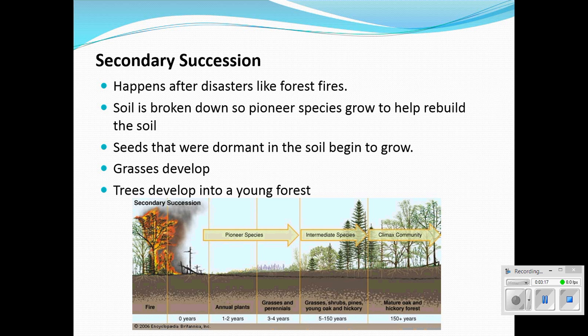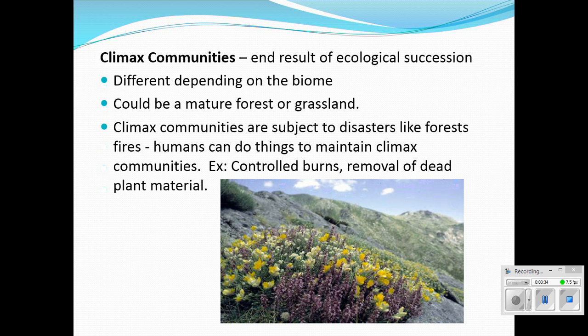But again, this takes a long time to get to that point where you start with small grasses and then eventually trees grow. And so when an ecosystem gets to that point where there's mature trees, that's called a climax community, the end result of ecological succession.